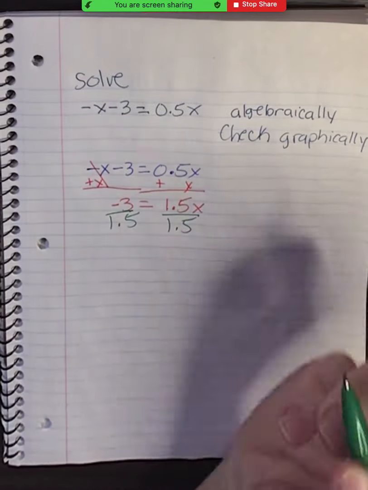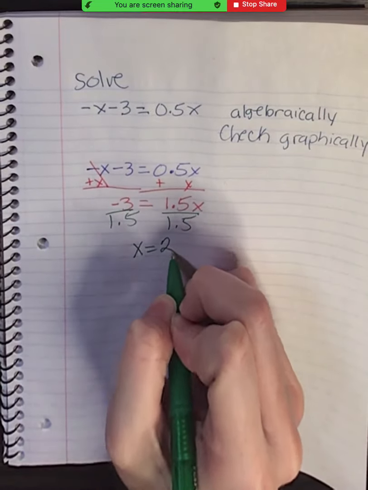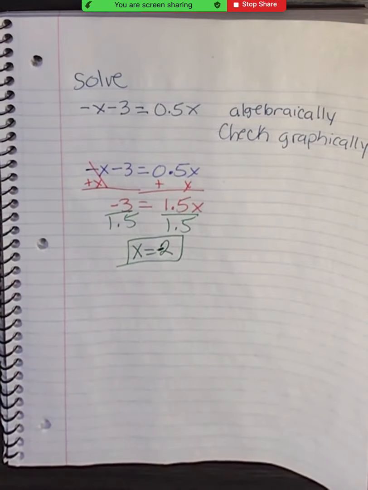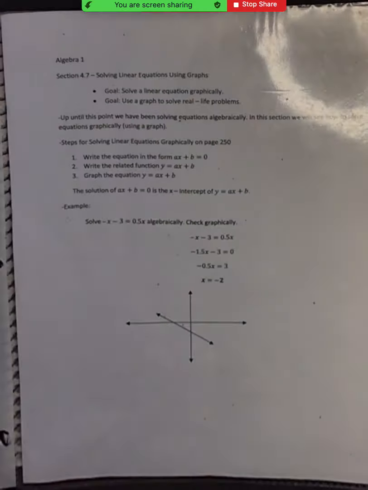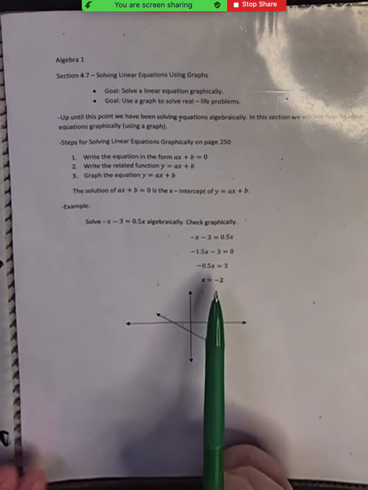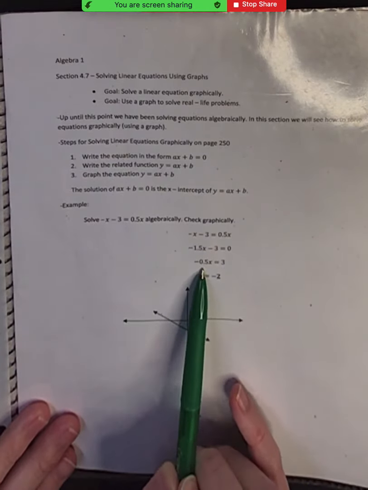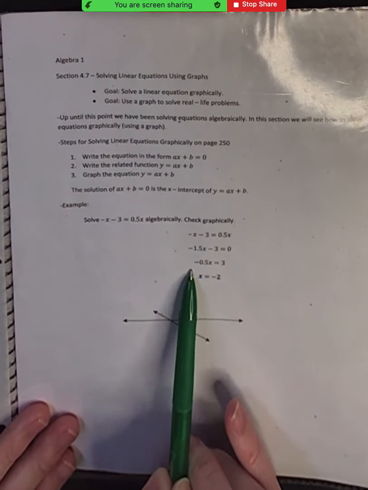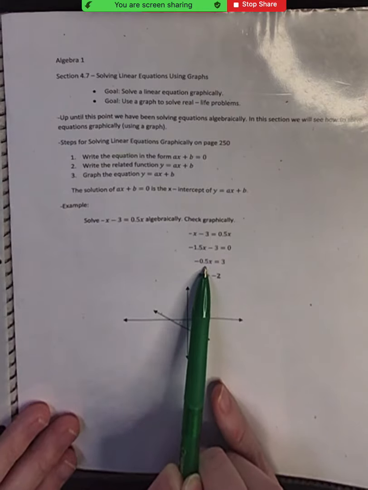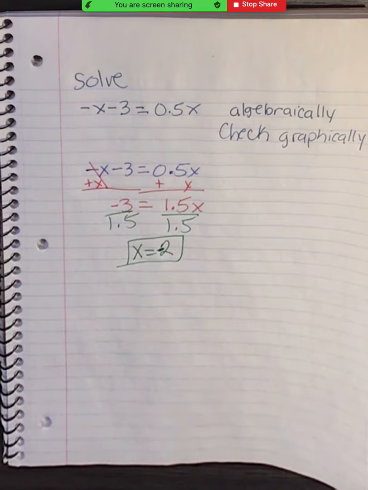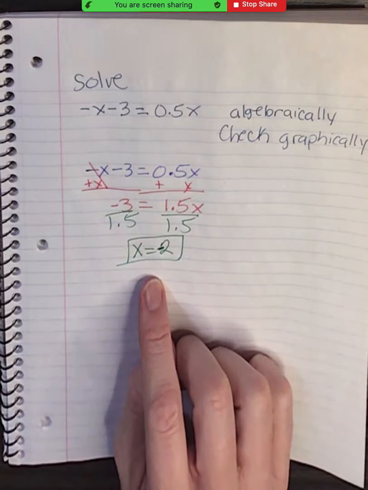So I get x equals negative 2. And if you look at your notes that I uploaded, I printed it incorrectly right here. That should not be negative 1/2 or negative half x. This should be negative 1.5x. So just know that's a mistake. All right. So I get that x should be negative 2.